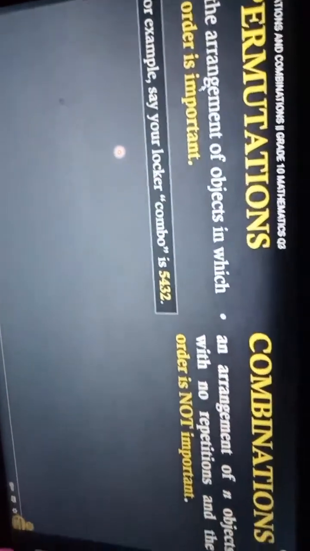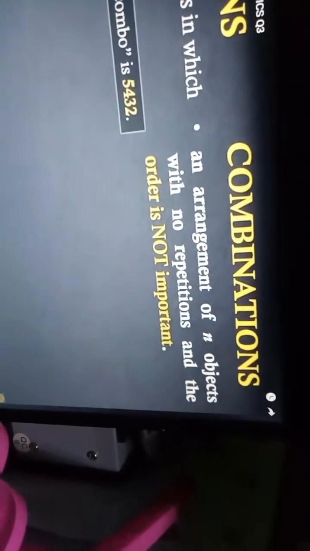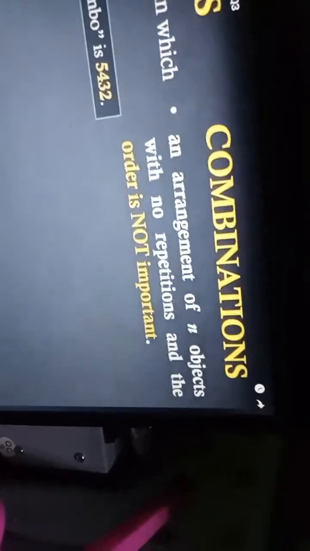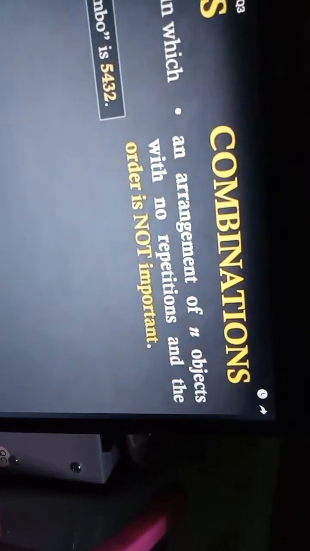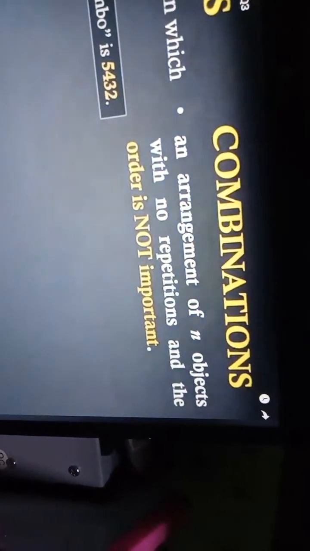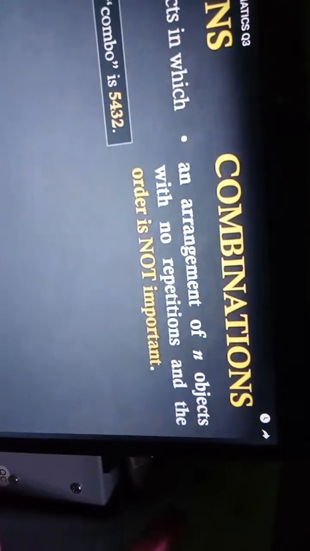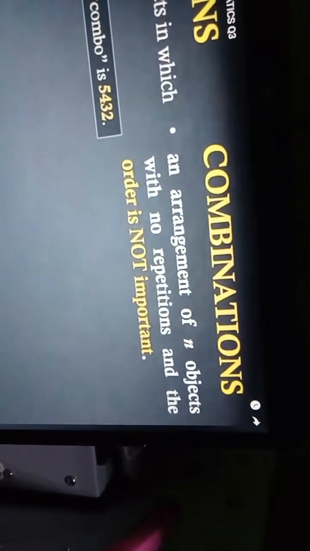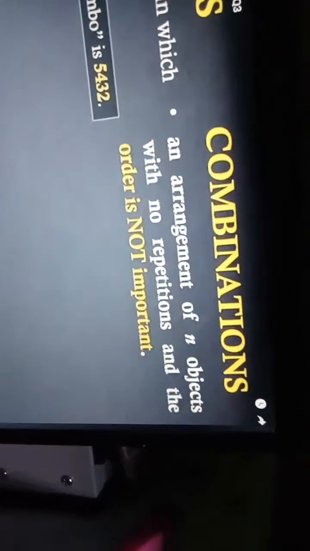To have a comparison, when you go to the study of combinations, it is an arrangement of objects with no repetitions and order is not important. So here, the order is not important. Most of the time, the words choose or select are used when you are studying combinations.